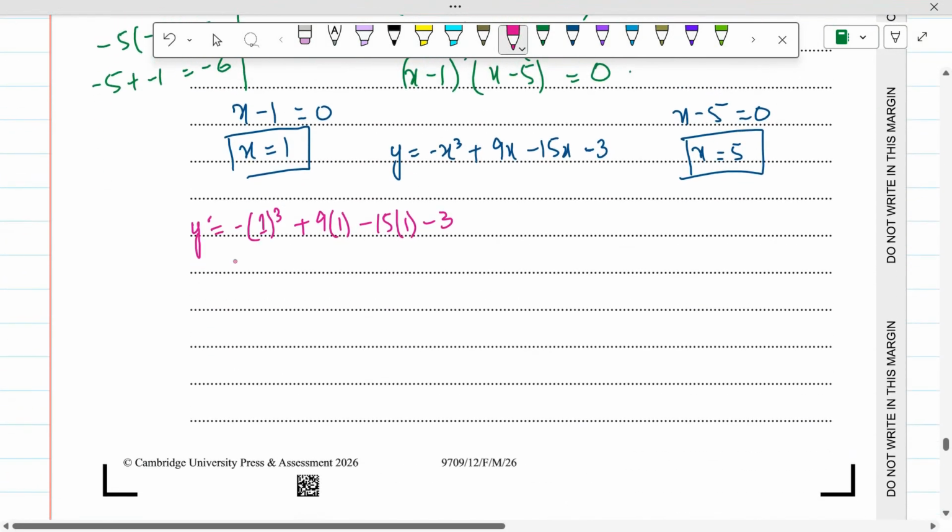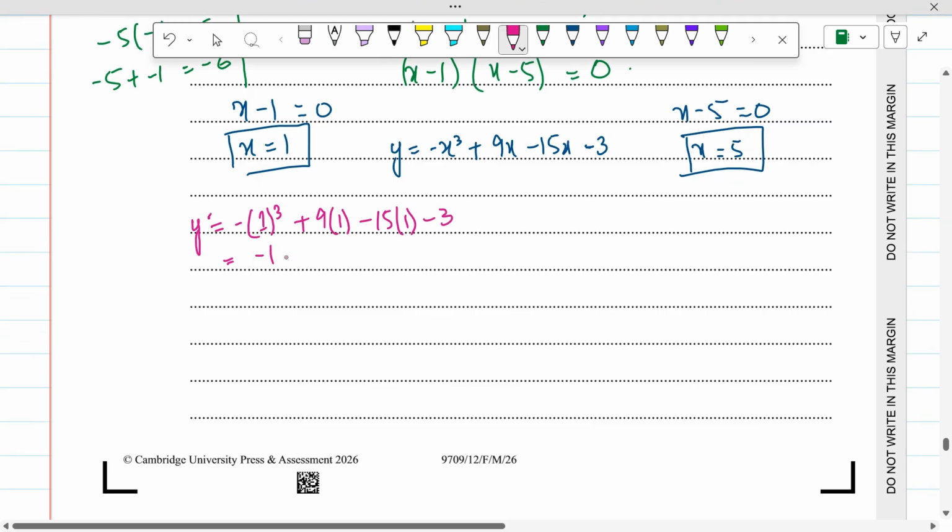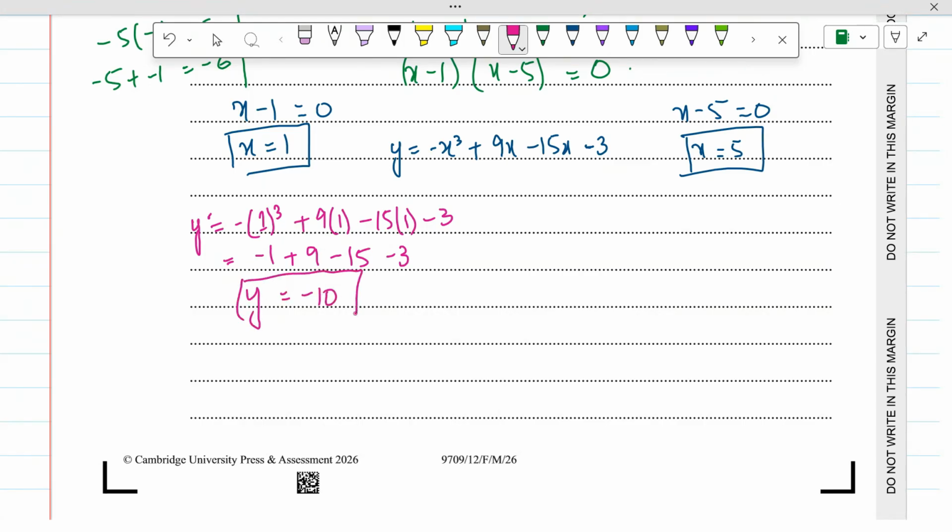So we will have negative 1 plus 9 minus 15 minus 3. Solving this, we will have y is equal to negative 10. So the stationary point has x coordinate 1 and y coordinate negative 10. This is the first stationary point.